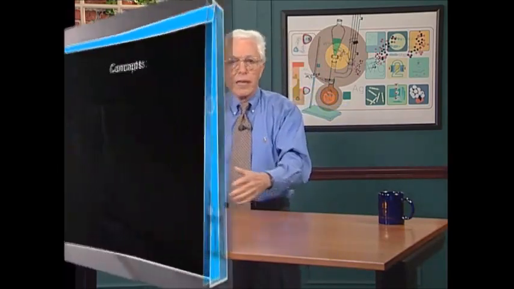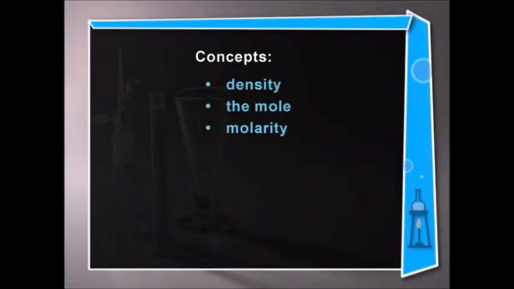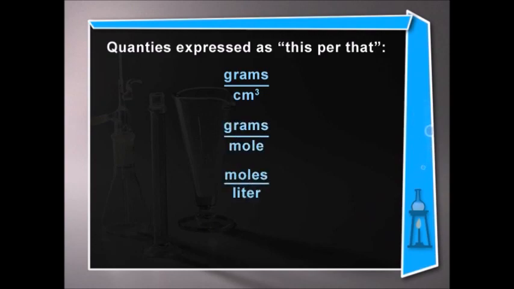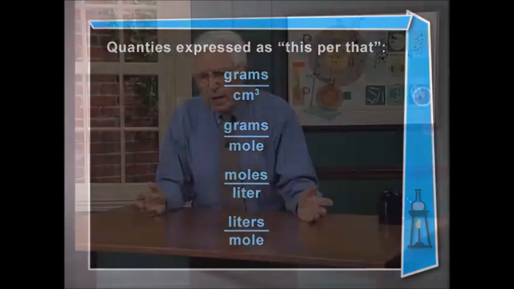If you are a student that understands concepts quickly and easily, for example, when we talk about density or the mole or molarity or mass or volume or energy, if these kinds of things make sense to you right off the bat, and if quantities expressed as a this per that, like grams per cubic centimeter or grams per mole or moles per liter or liters per mole, if things like this make sense to you, if you can visualize them easily in your mind, then don't ever use factor label, don't ever use proportions, don't ever use formulas. It's not necessary.